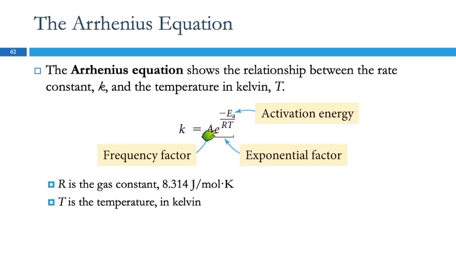This is e raised to the power of negative Ea over RT. Ea is the activation energy. R is the gas constant. For units, we need to use the value 8.314 joules per mole Kelvin, not the liter atmospheres one. And the temperature, again, has to be in Kelvin.